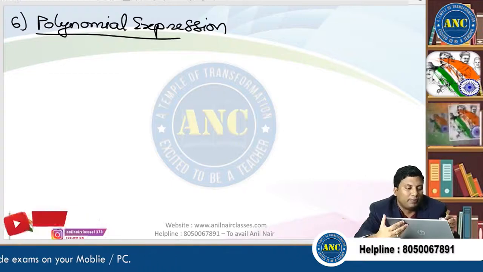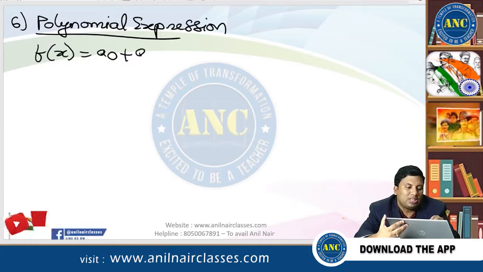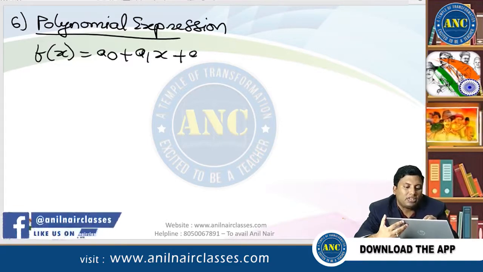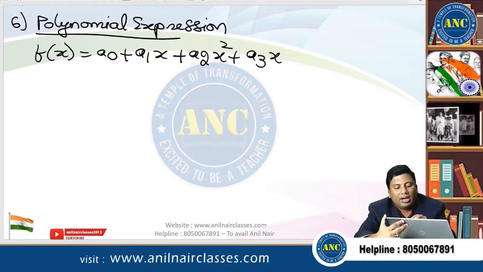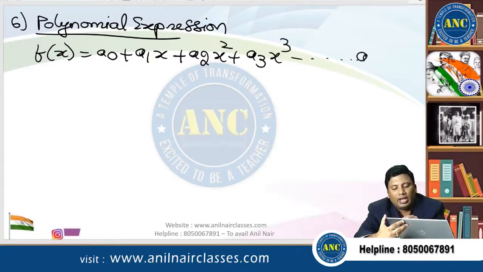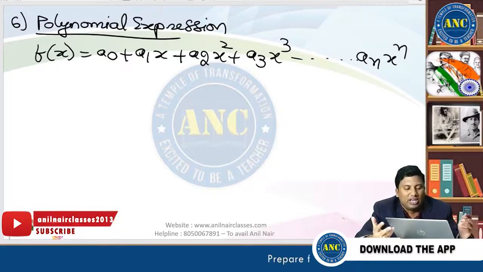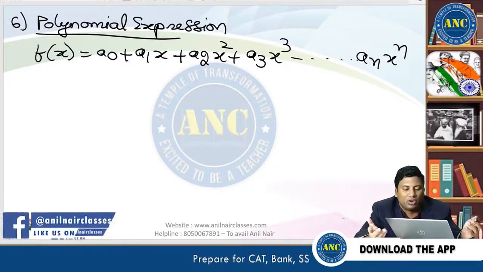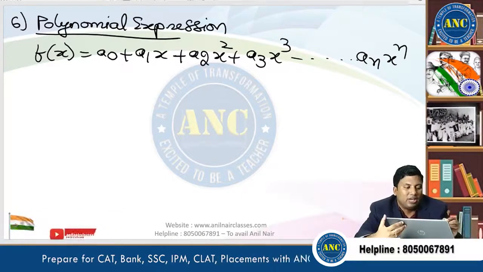For example, a polynomial expression is generally given by a0 plus a1x plus a2x square plus a3x cube and so on up to an x power n. This is nothing but a polynomial expression. If the expression is equated with 0, I will get a polynomial equation.